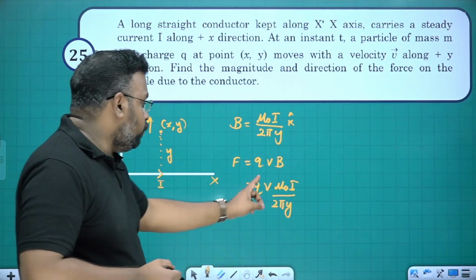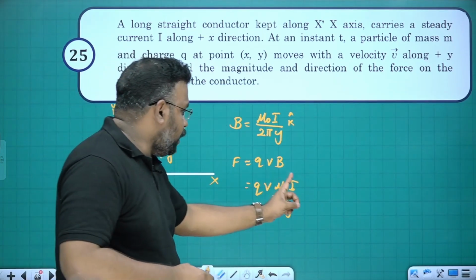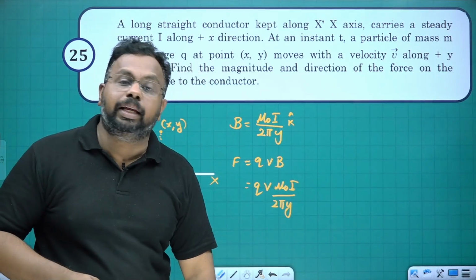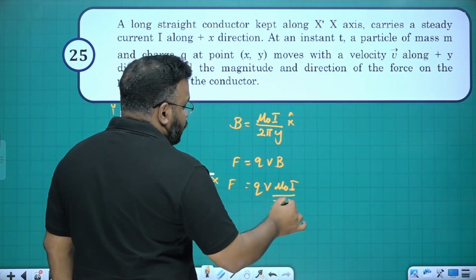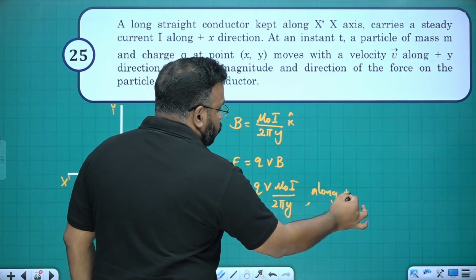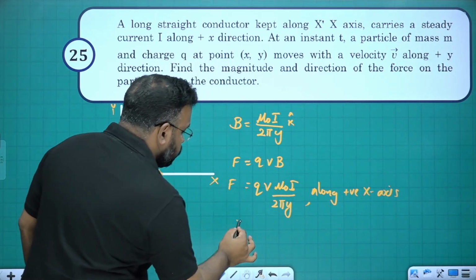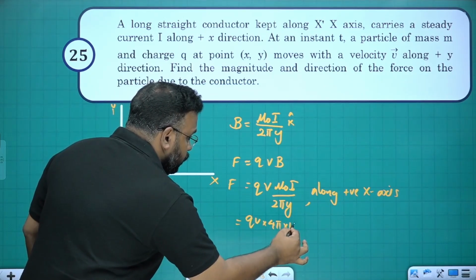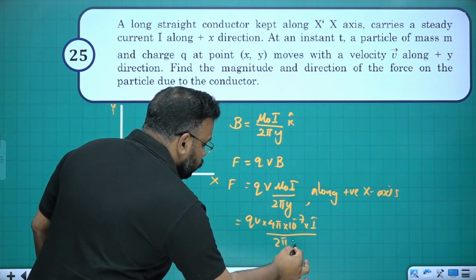But what about direction? Velocity, I told you velocity is along y direction, J, and magnetic field is along K. So J cross K is I cap. So the direction of force is along positive x-axis, because it's I cap. Now we can make a small change. QV into mu naught value is 4 pi into 10 power minus 7 into I by 2 pi into y.